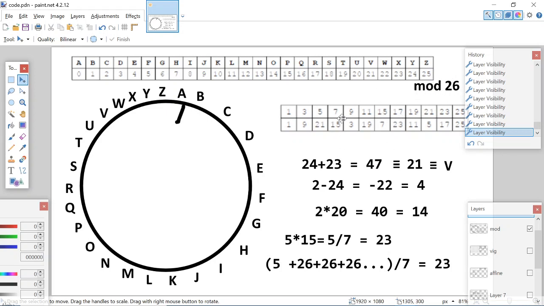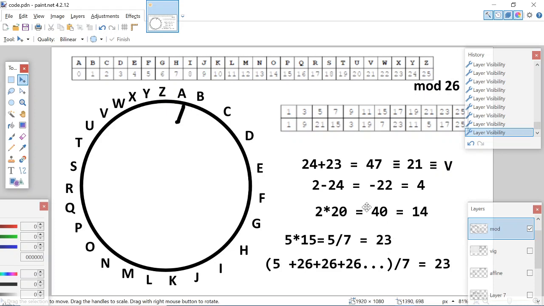Back in 3rd grade when we did remainders, this is literally that. It's the remainder from 26. If you've done computer science, or you remember that from back in the day, that's what a mod is. So the remainder of 47 divided by 26 is 21. And if you ever see this 3-bar thing, it just means equivalent. Obviously 47 and 21 aren't equal, and 21 and V aren't equal, but in this case they're equivalent.